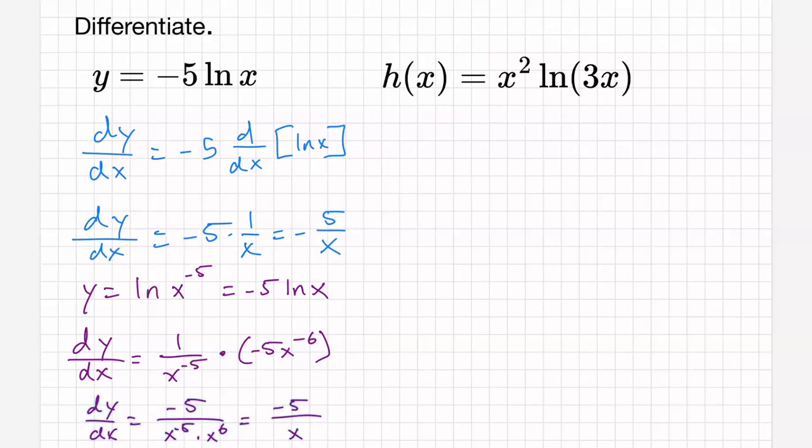So with that said, what do I put first? You could do the 2x first, that's fine. What would you multiply the 2x with, though? ln 3x. What goes next?